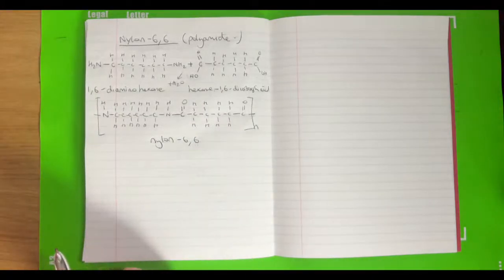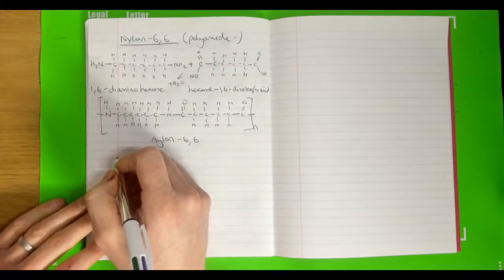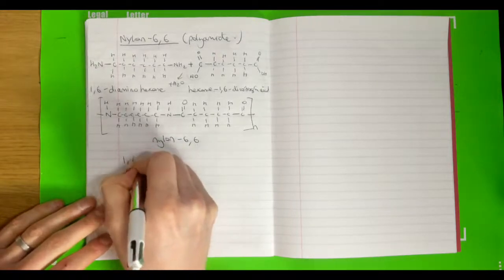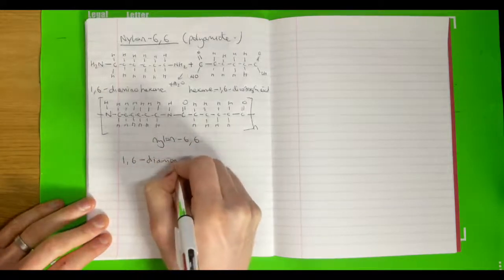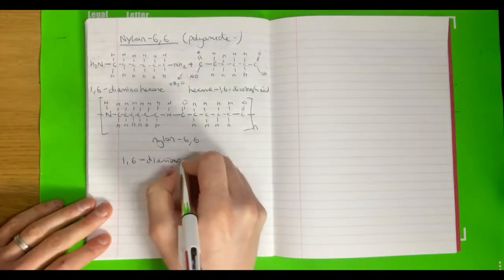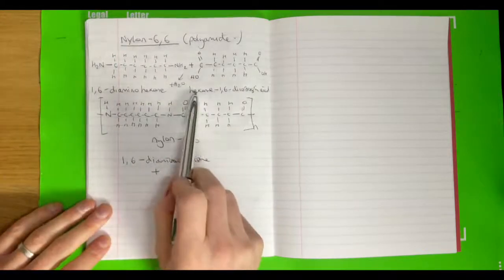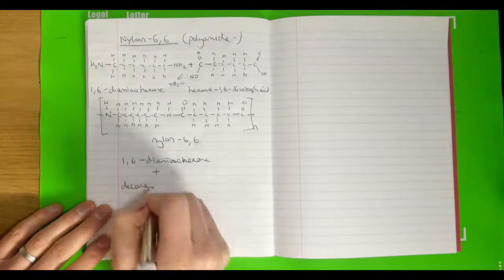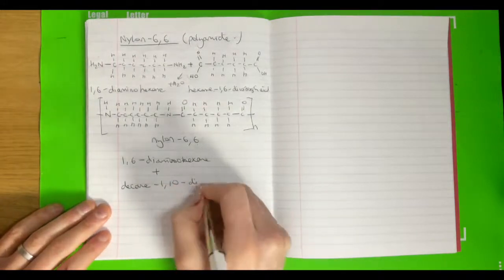If you want to make nylon 6,10, this is what you would need. You would need 1,6-diaminohexane again, and instead of hexane 1,6-dicarboxylic acid, you would need decane, I suppose that's 10, 1,10-dicarboxylic acid.